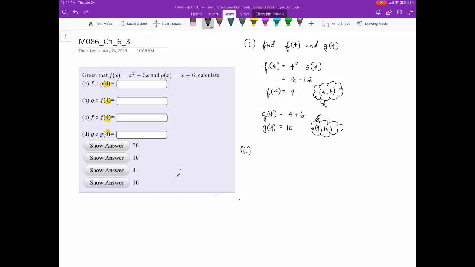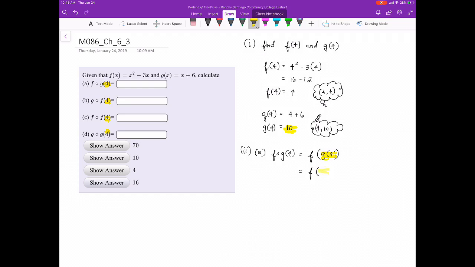So the second part we want to do is, now let's just start evaluating. Let's say for part A, I have f composed of g of 4. By definition of composition of two functions, this means I'm really finding f of g of 4, which means I'm really finding f of, well, g of 4 I found, and g of 4 was 10.